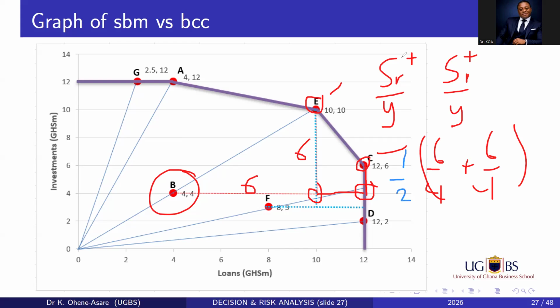So now you're going to do the 2 and then multiply it by these things. And whatever you get, you will add 1 to it. And that will give you the output efficiency score. It's beautiful.